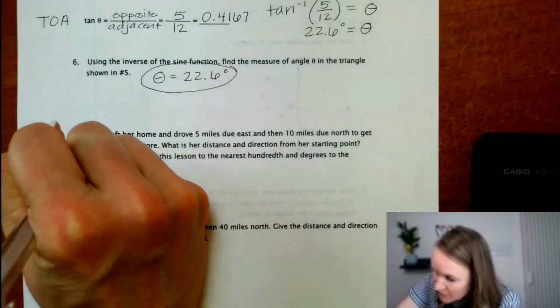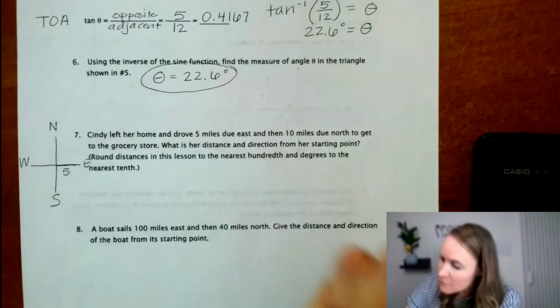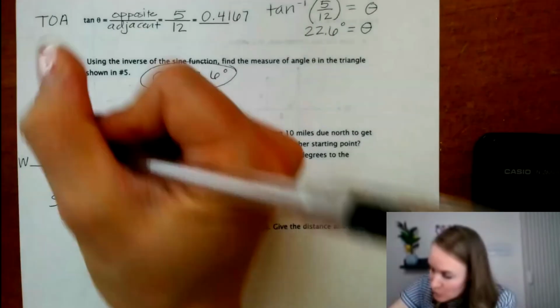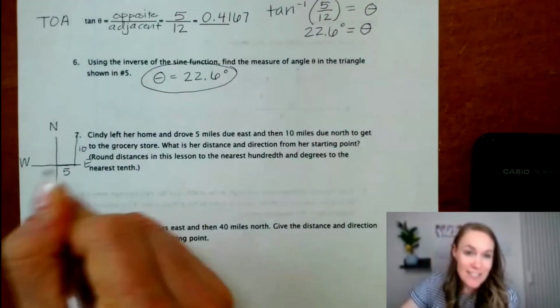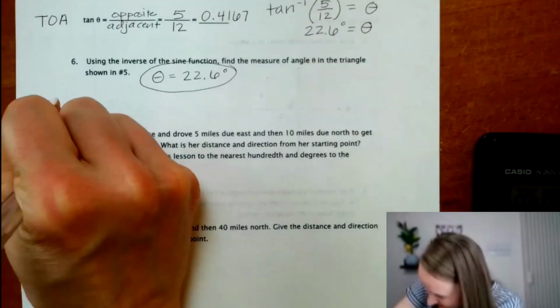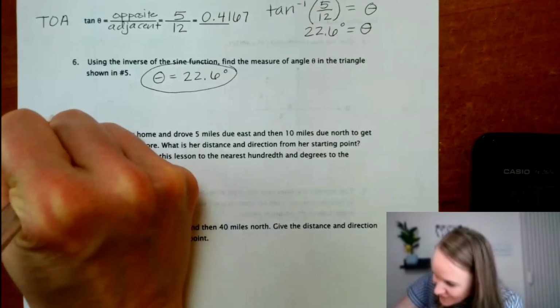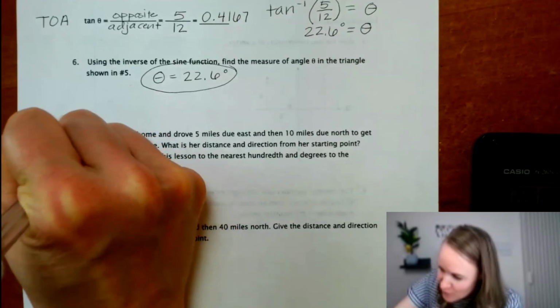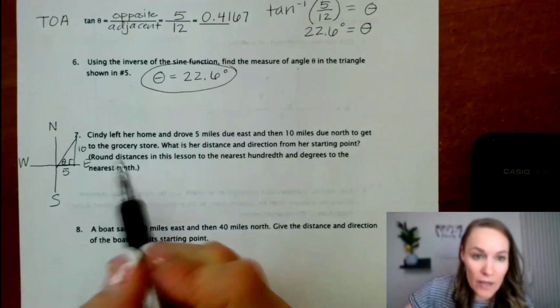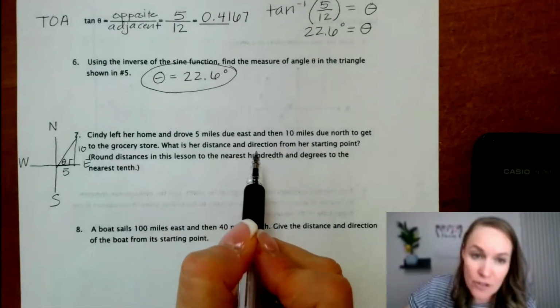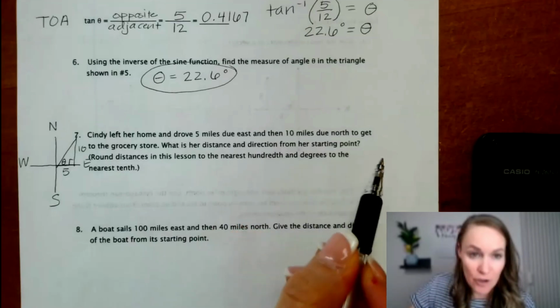So 5 miles, so that's 5, and then 10 miles due north. So then she drove 10 north. Not to scale here. Just saying. And then theta is right there because our 90-degree angle is right there. Okay, perfect. What is her distance and direction from her starting point?